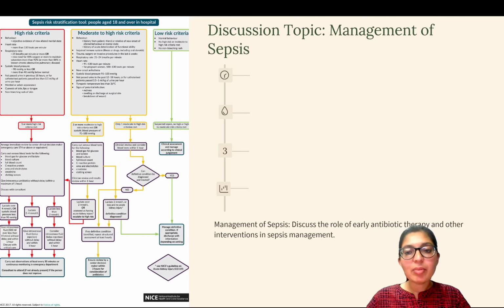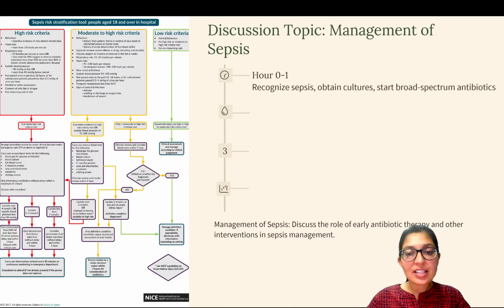So next one is about management of sepsis. In the first hour, 0 to 1, recognize sepsis, obtain cultures, start broad spectrum antibiotics so that complications can be managed. In the first 1 to 3 hours, fluid resuscitation to be done, vasopressors if needed and source control.